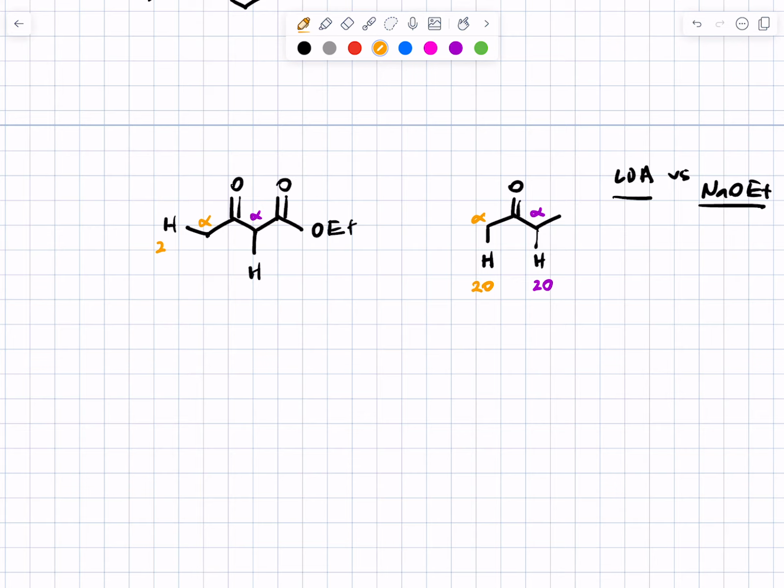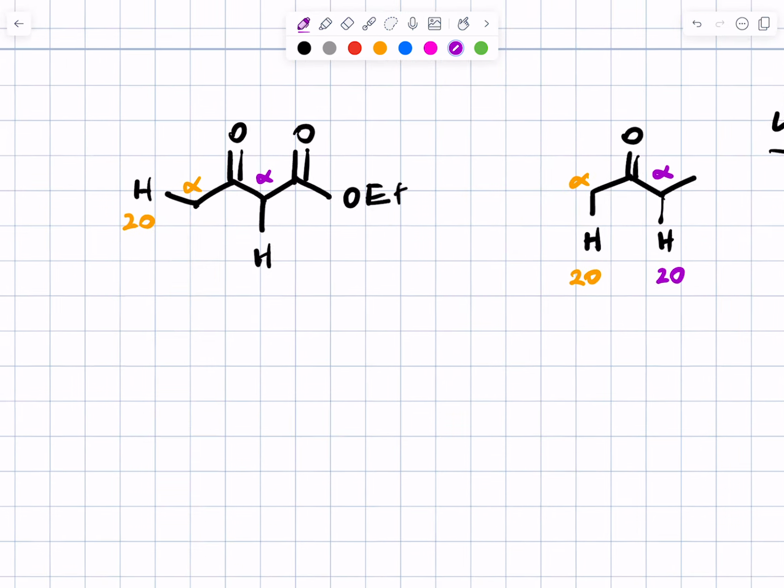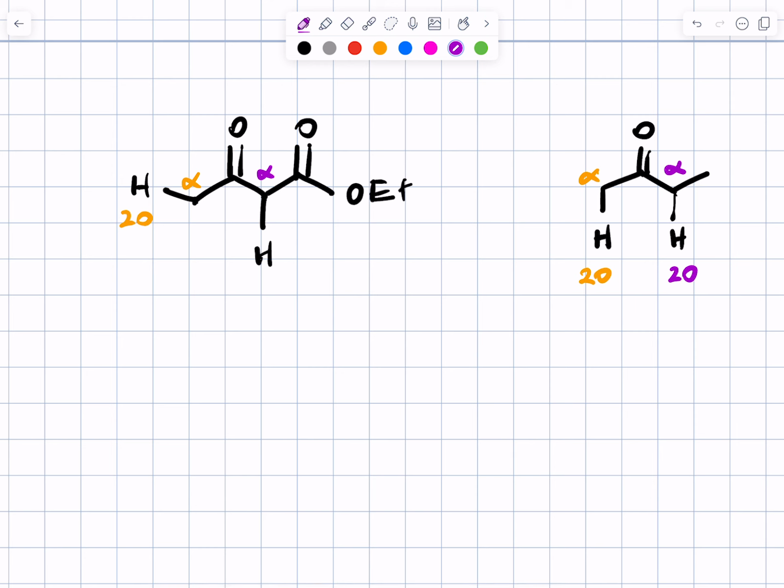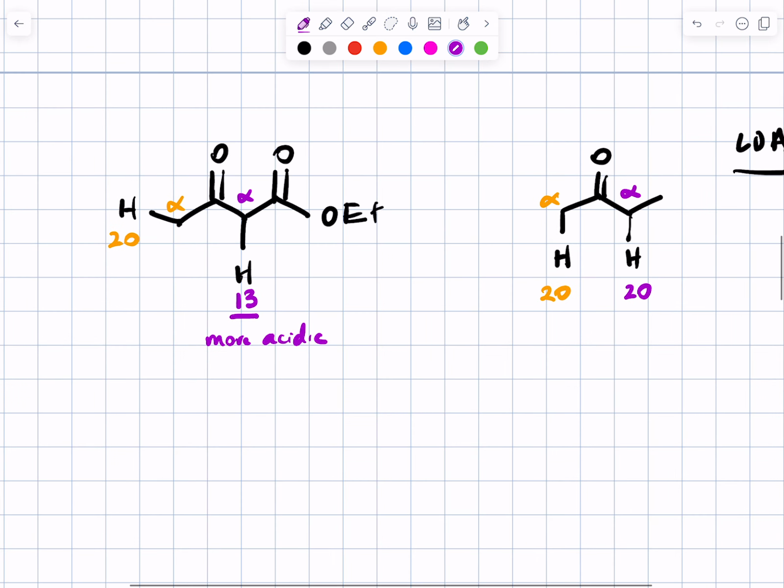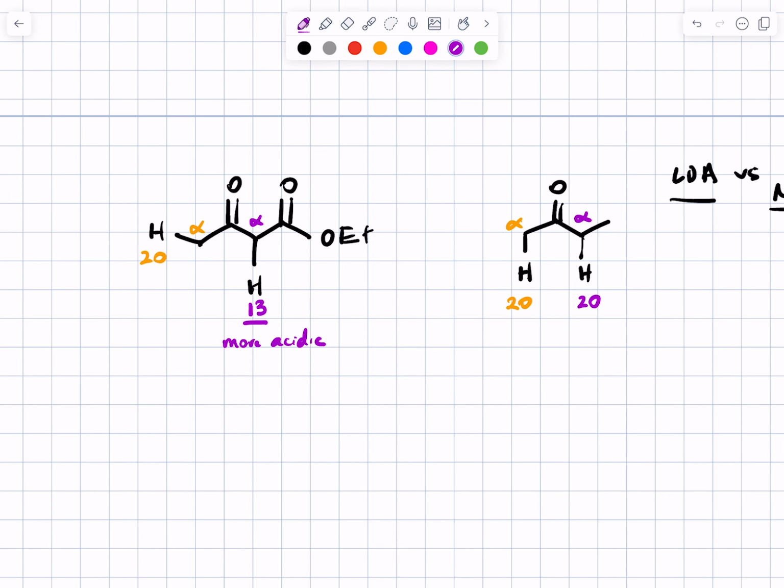The orange alpha proton here has a pKa of around 20, but because the purple alpha proton is between two carbonyls, it is much more reactive and has a pKa of 13. This one is much more acidic. And it turns out that LDA's kinetic preference for the less sterically hindered proton will not overwhelm this 10 million times more acidic effect. Okay?